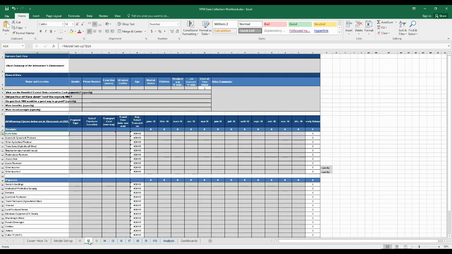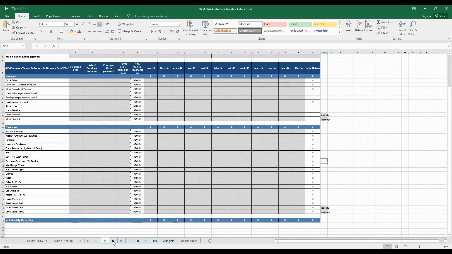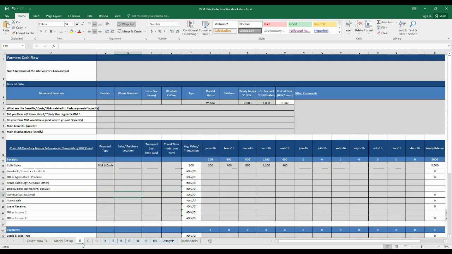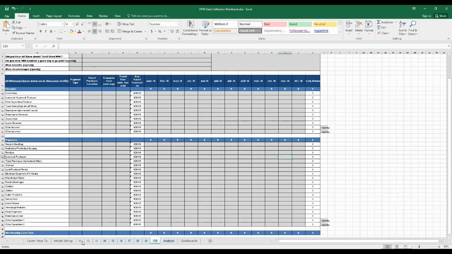Now each workbook can only handle 10 answers. So if you have more than 10 respondents, which you are quite likely to have if you want reliable results, then you will have to fill in 10 responses per workbook, and then use the consolidation workbook to consolidate the data from all the different workbooks.